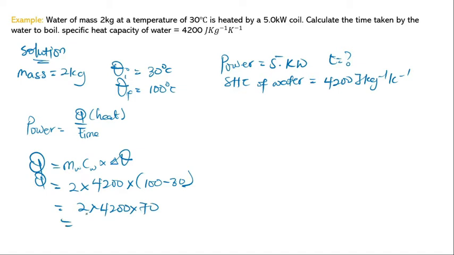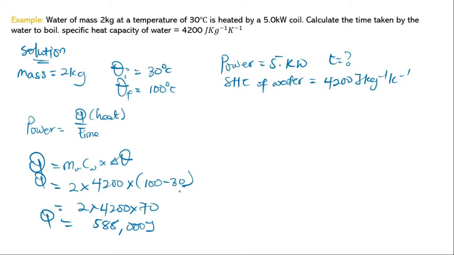Then this will give me an energy value of 588,000 joules. So this is my heat energy when you use a 5 kilowatt coil to heat water from 30 degrees Celsius to 100 degrees Celsius.